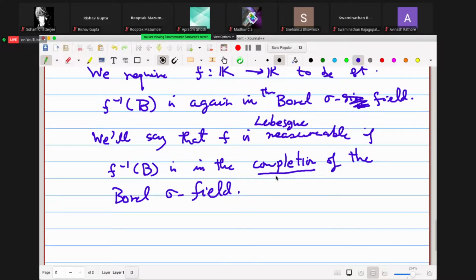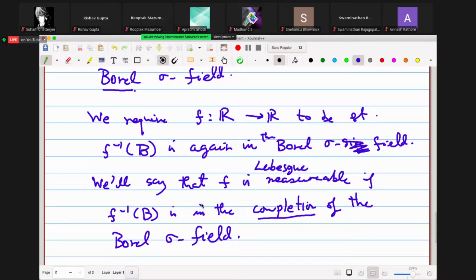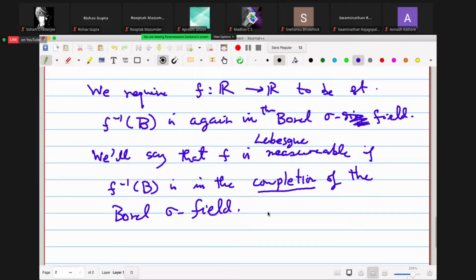So this is the basic thing. Initially I said we require it, but we don't really require it. This is enough, so you can make sense of Lebesgue integration.